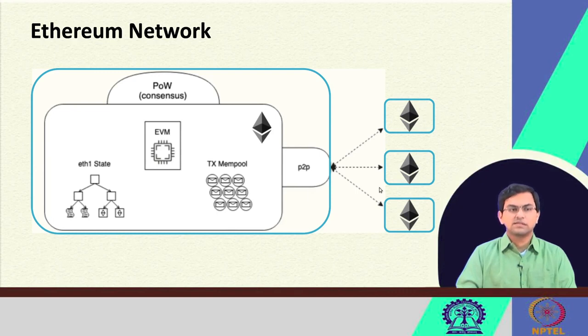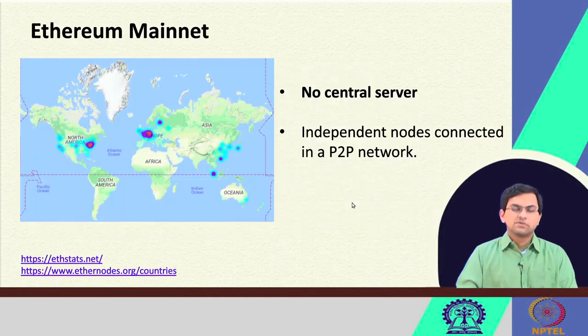So, we can see here that there can be direct connections from one Ethereum node to other Ethereum nodes, and in this way they form a peer-to-peer network, which is basically the Ethereum network. So, in the Ethereum network there is no central server, and independent nodes are connected in this P2P network, and in the Ethereum main network there are nodes participating from all over the world.